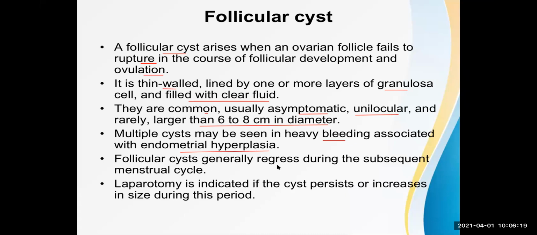Follicular cysts generally regress during the subsequent menstrual cycle, and laparotomy is indicated if the cyst persists or increases in size during this period, because it can rupture. So this can cause bleeding. Treatment can be done by laparotomy, especially if the cyst persists or gradually increases in size. So this is some information regarding a follicular cyst.